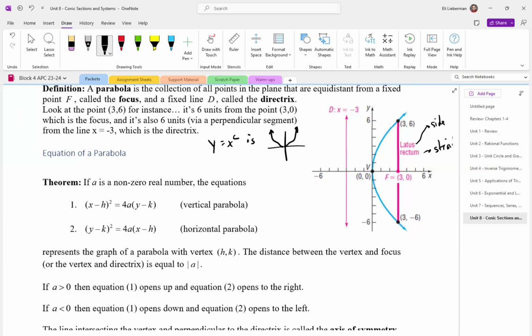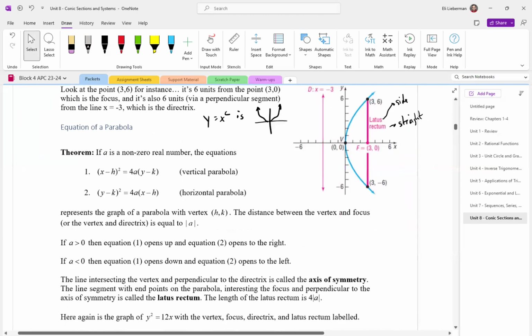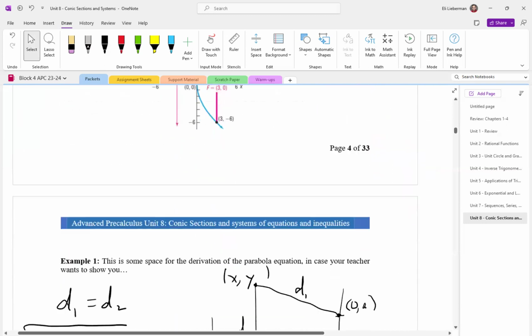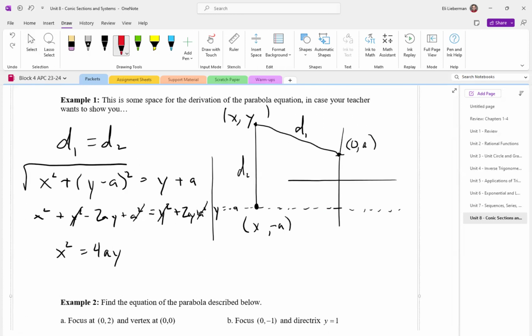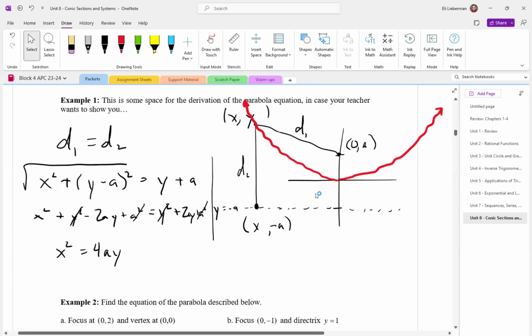Okay, before we go on to specific examples, I'm going to go back here. Oh, I didn't draw on the parabola. Let's draw this, because we have this point right here. I'll do this in red. Do you see the latus rectum here?